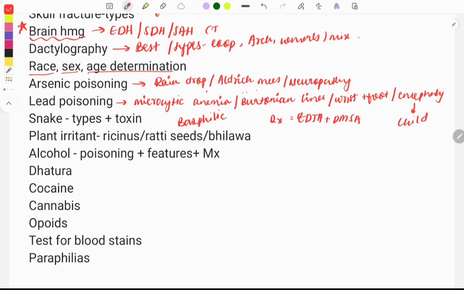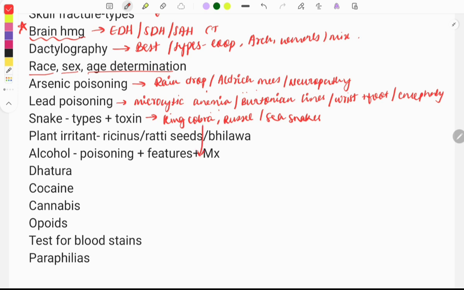Then moving on to snakes, the types of snakes you need to know. The types are the Elapidae family, Viperidae, and Hydrophiidae. Then they are the cobra, the king cobra, then the Russell viper, then sea snakes. Okay, these are certain snakes which are venomous, and you need to know which kind of poisoning is caused by this.